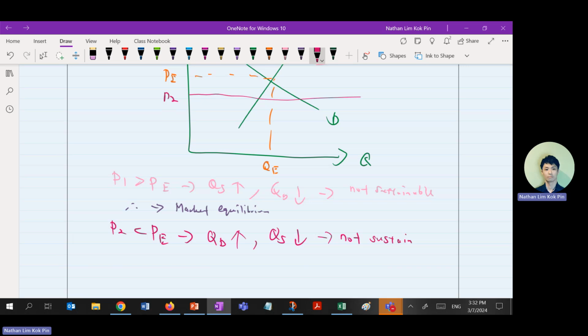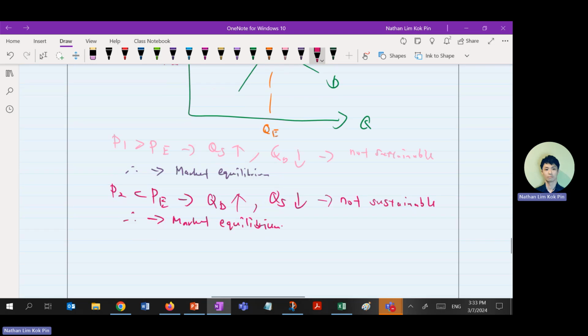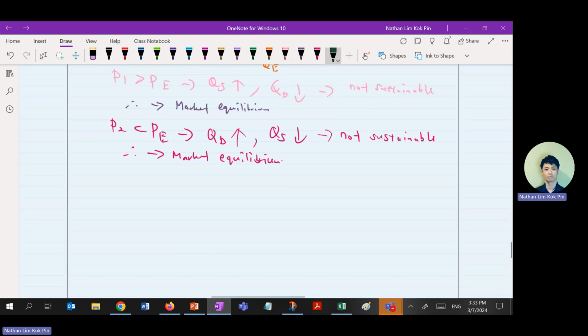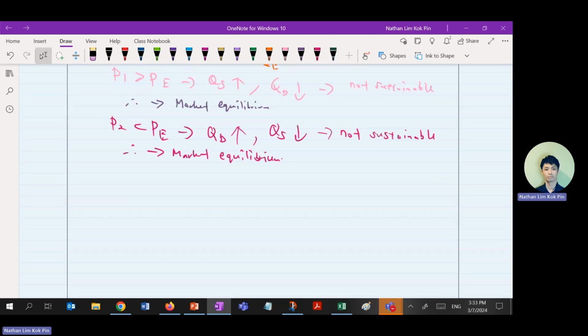When it's not sustainable, it will eventually move the price and move them to market equilibrium. This one maybe they will not come out, right? The next one that is going to come out, chances are, is the shift of equilibrium.